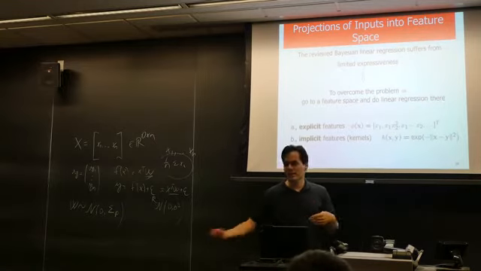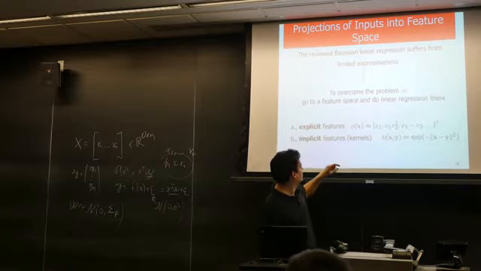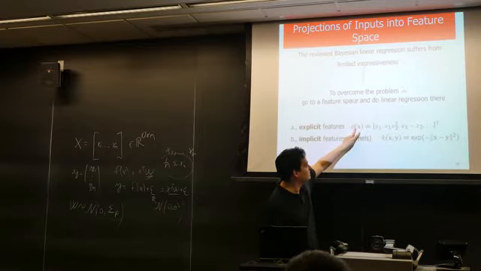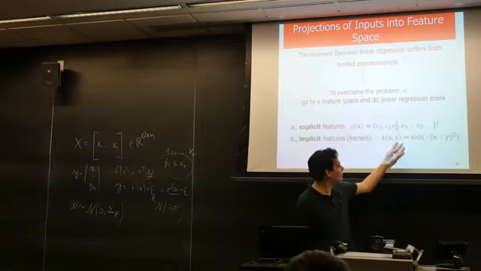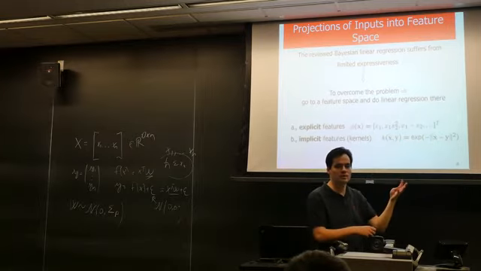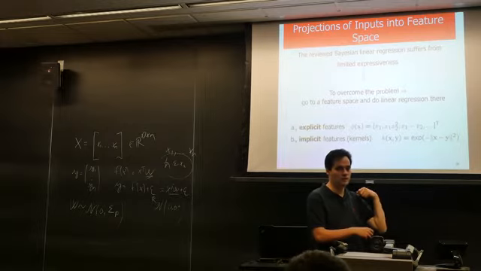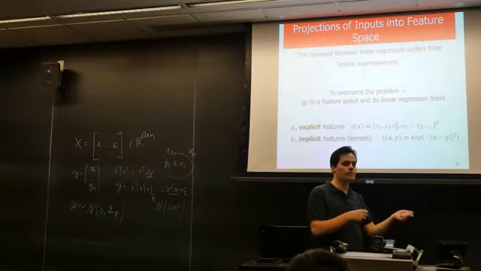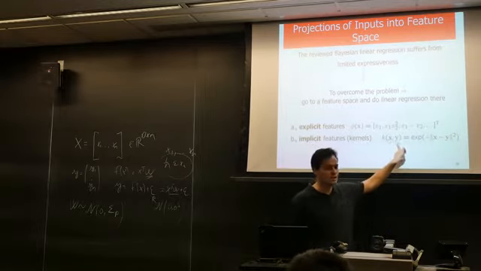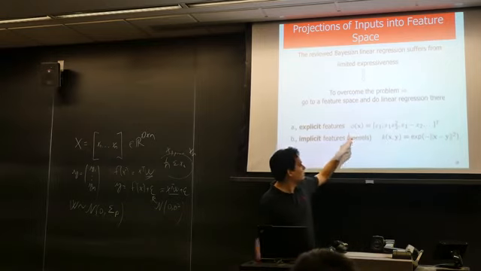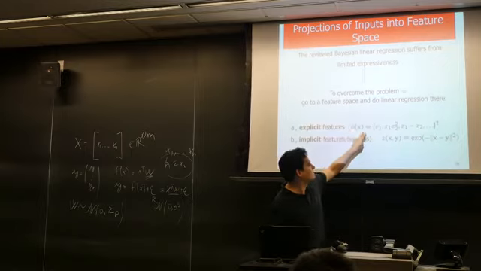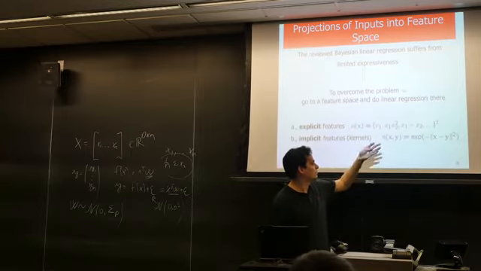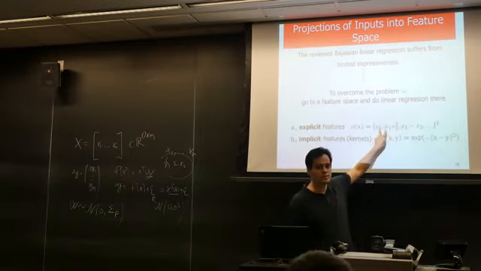Or you can use kernels, where you define implicit features: you define a kernel and you know that this kernel will be an inner product between the feature transformations of the inputs in some abstract reproducing kernel Hilbert space. So what we need now is that phi of x will be a feature transformation of my original inputs.